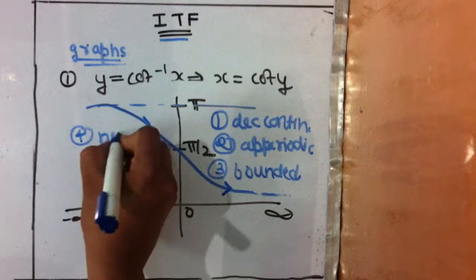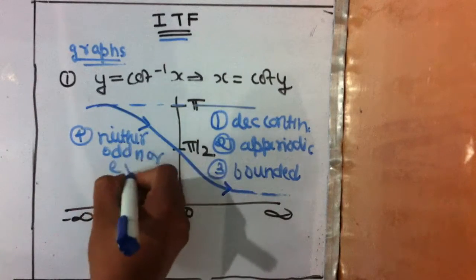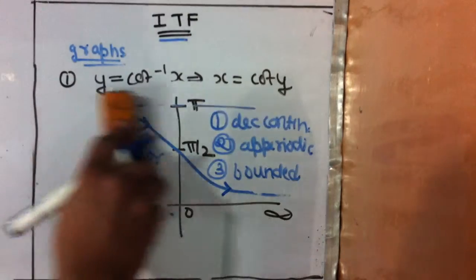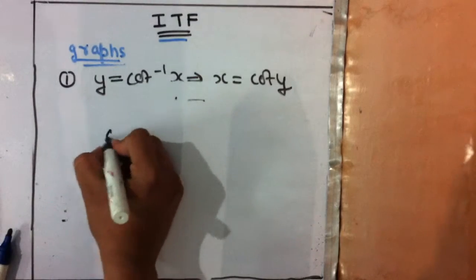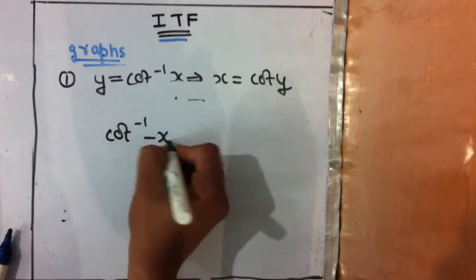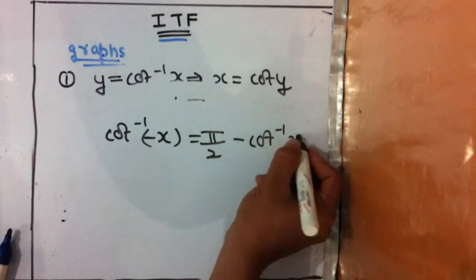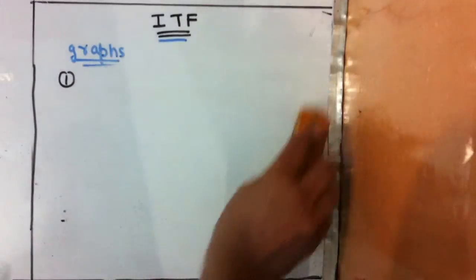Fourthly, the function is neither odd nor even, as it is not symmetric about the origin. Therefore, the similar condition holds as well, that cot inverse of negative x is pi by 2 minus cot inverse x.